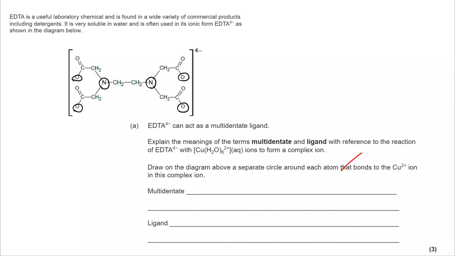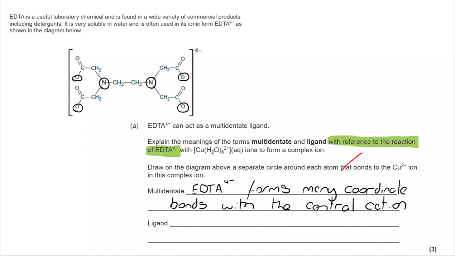We then have to explain the meaning of the term multidentate and ligand, but I want to highlight something really important here. The question says with reference to the reaction of EDTA 4-. That means you can't simply give a generic definition for either of the two terms. So multidentate, for example, we can't just say it's something that forms many coordinate bonds with the central metal ion or cation.